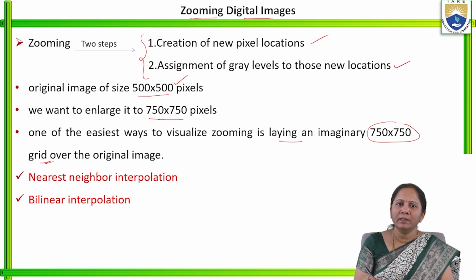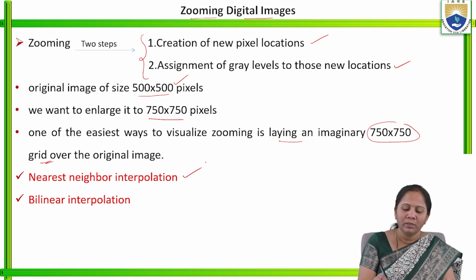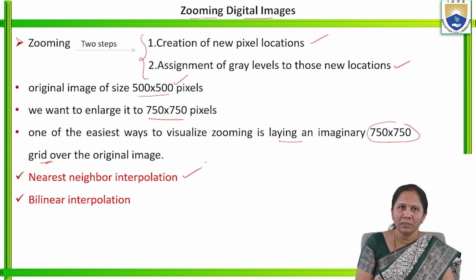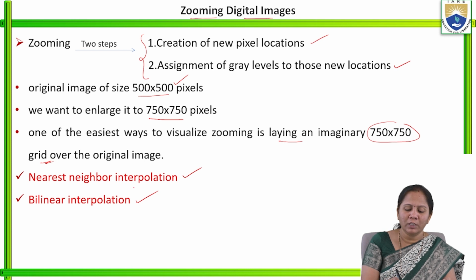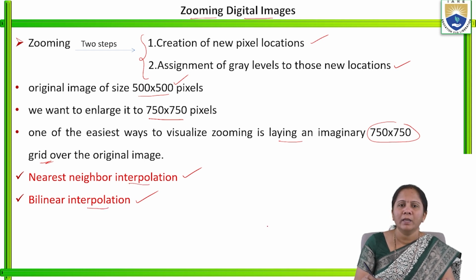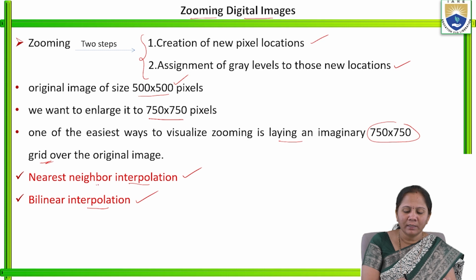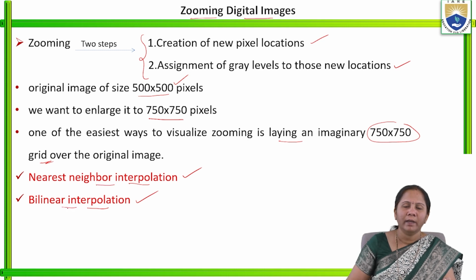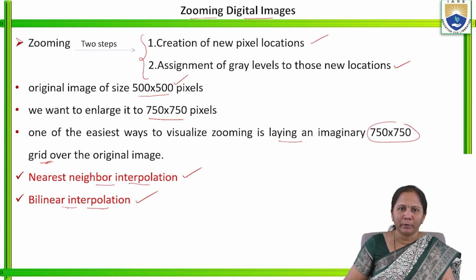There are two methods for this: nearest neighbor interpolation or bilinear interpolation. In these two cases we observe the term interpolation, which here means increasing the number of samples. So let us see nearest neighbor and bilinear interpolation.